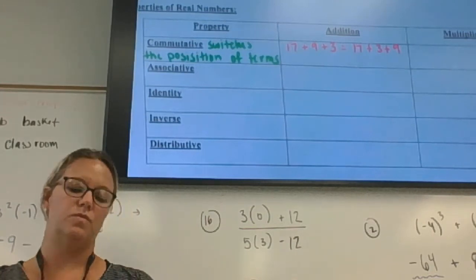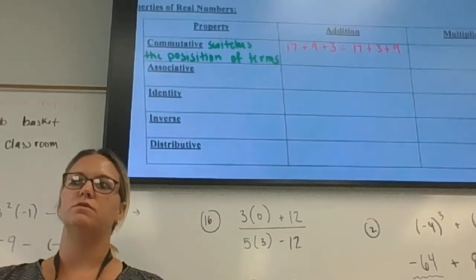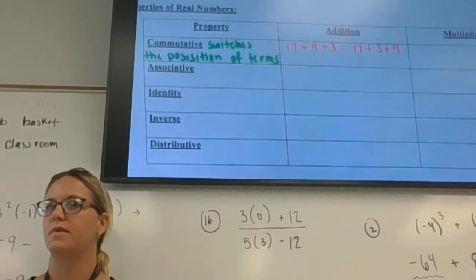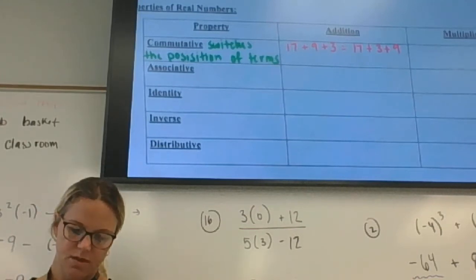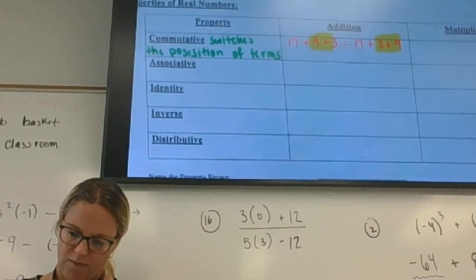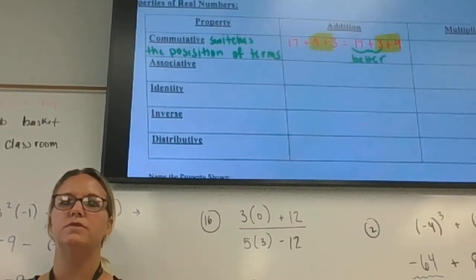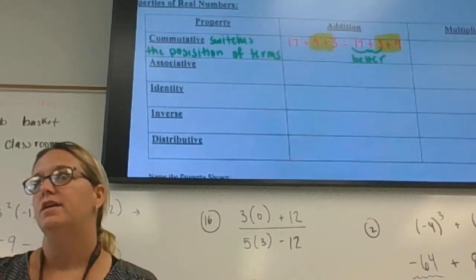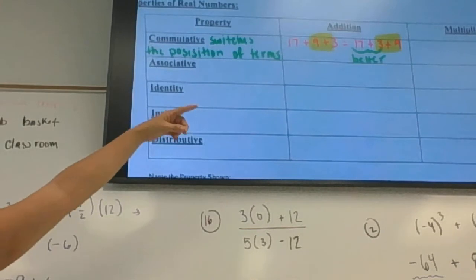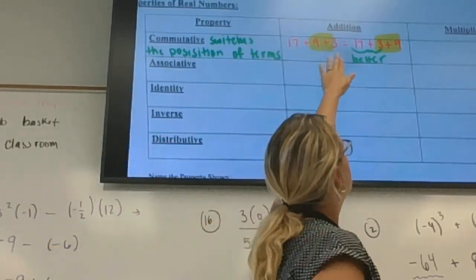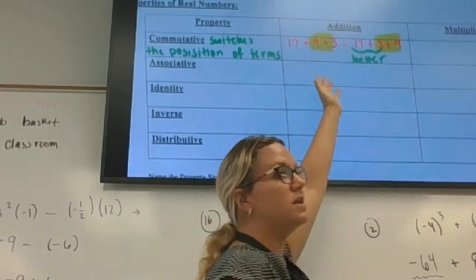Okay, from left to right, which numbers switched positions here? And why did they switch? Yeah, this is better. And we do this mental math anyway. If you had to add these numbers together, you would combine the 17 and the 3, make it 20, and then that's 29.